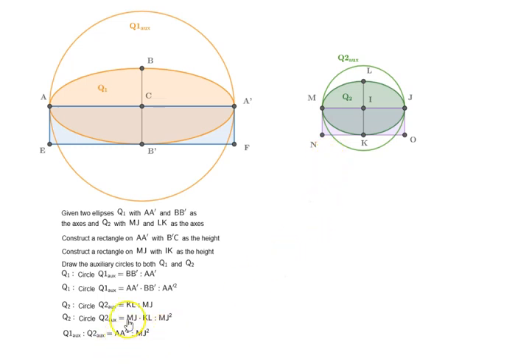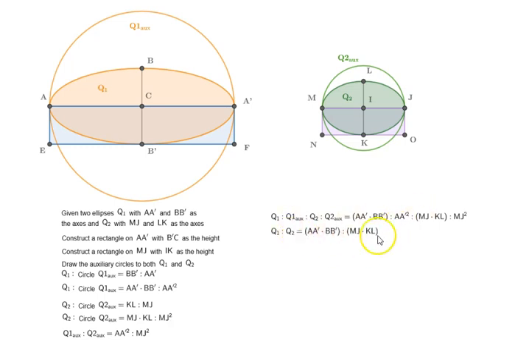So that means A prime square is to MJ square. Now let's build this proportionality. Q1 is to Q1 auxiliary as Q2 is to Q2 auxiliary, which equals A prime times BB prime is to A prime square as MJ times KL is to MJ square.